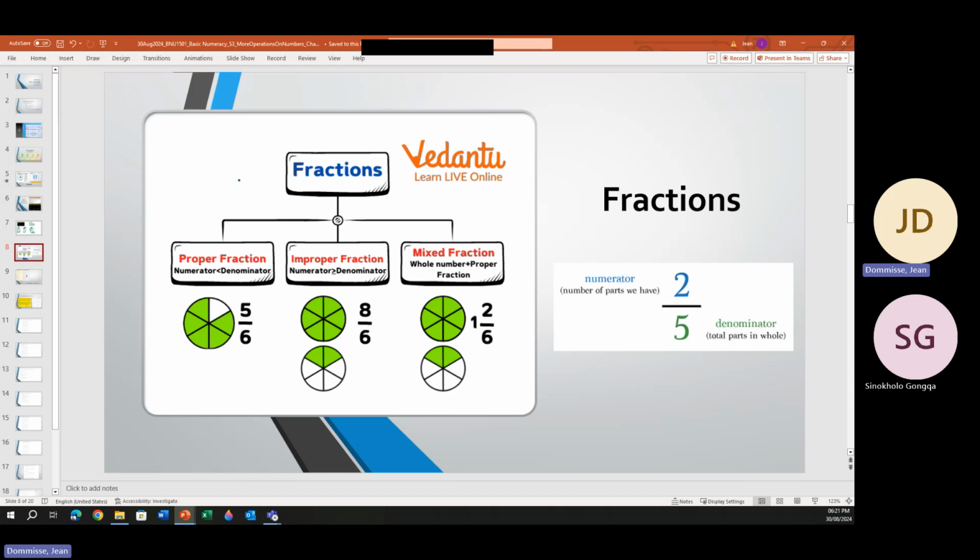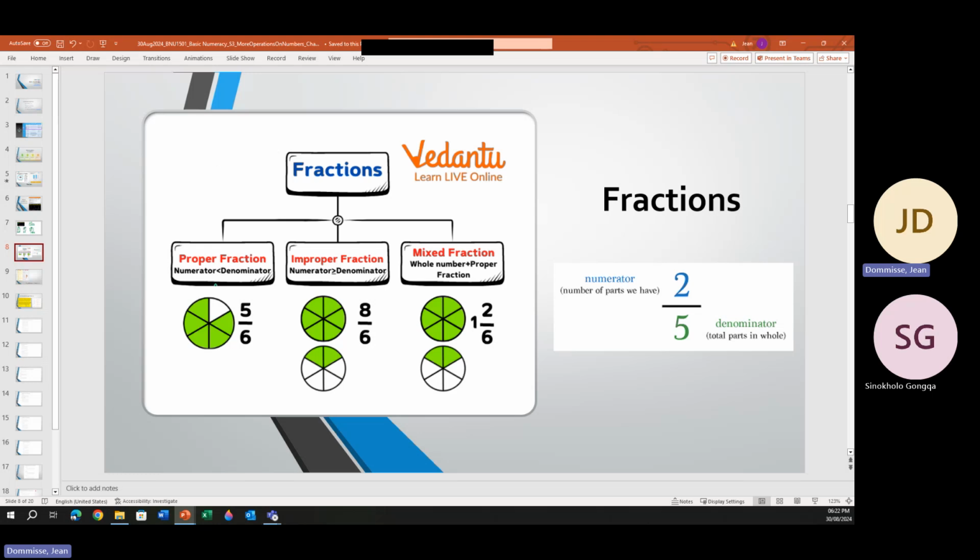Then the other component that they love to ask. And again, it might have already been in some of your assignments, and they love to ask it in the exam. So again, a very, very important one is when we look at fractions, and they love to call it a proper fraction or improper fraction or a mixed fraction.